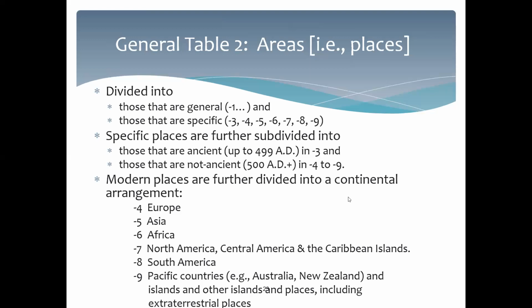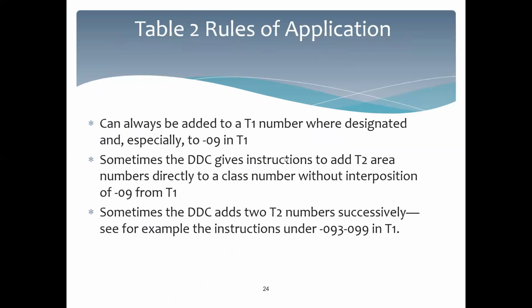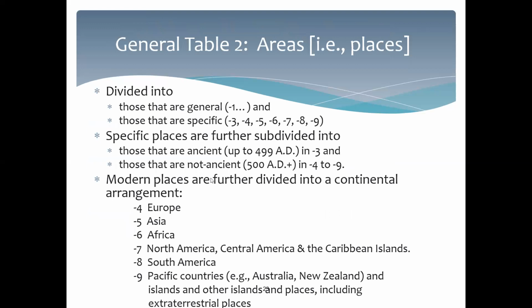So if you have something related to Ireland, you're not just going to choose Europe. You're going to go down to the Ireland level. And thinking about the EU, as the EU changes, that may change how things are organized at some point in the future. As countries shift, they may change where they are located.